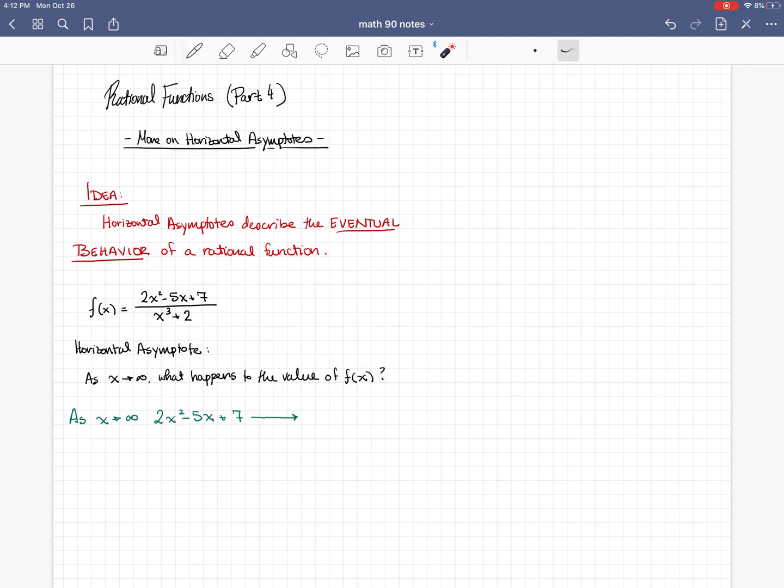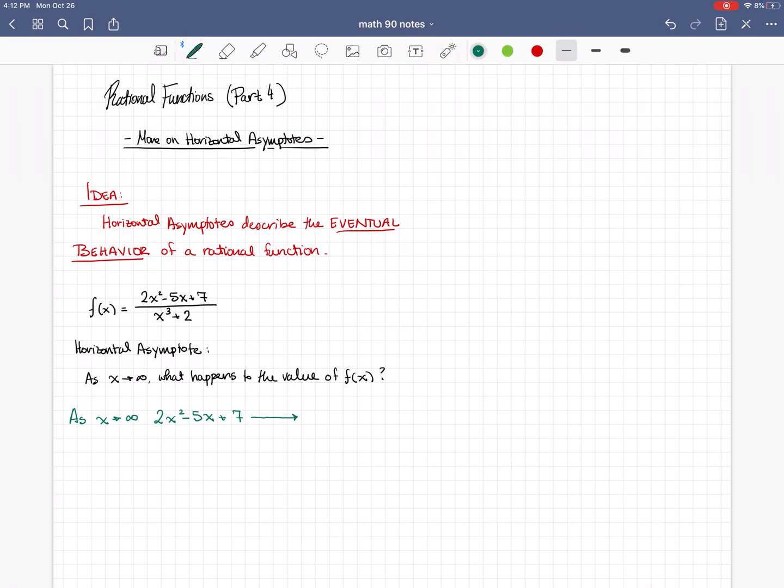Well, x squared, if x is 10,000, is 100 million. Add 7 to that, you don't notice, right? Relatively speaking, that plus 7 is making very little difference. As it turns out, the bigger x gets, the less that minus 5x plays a role too.